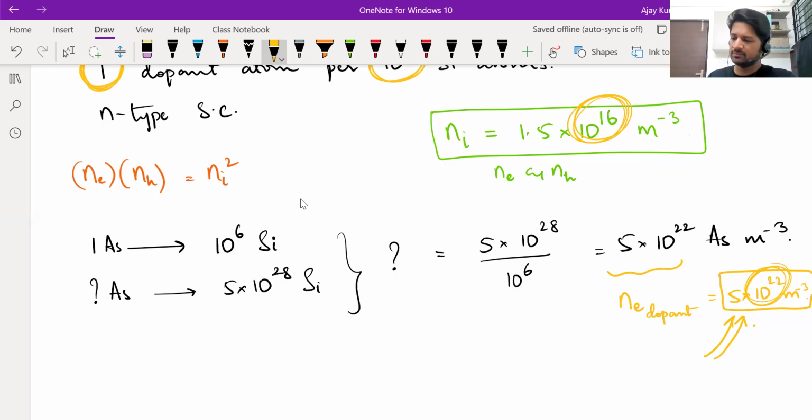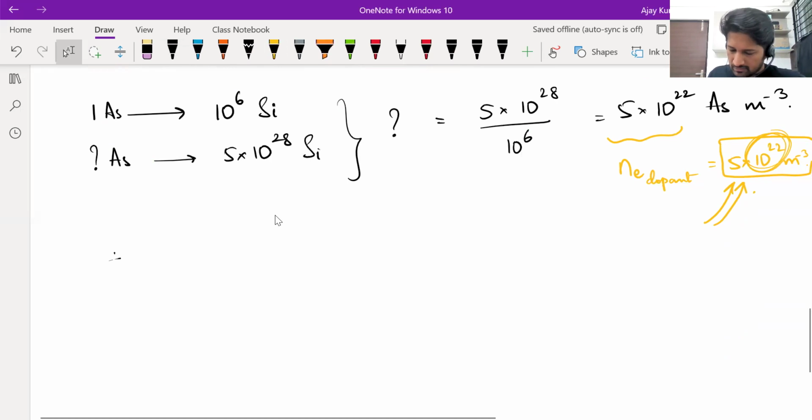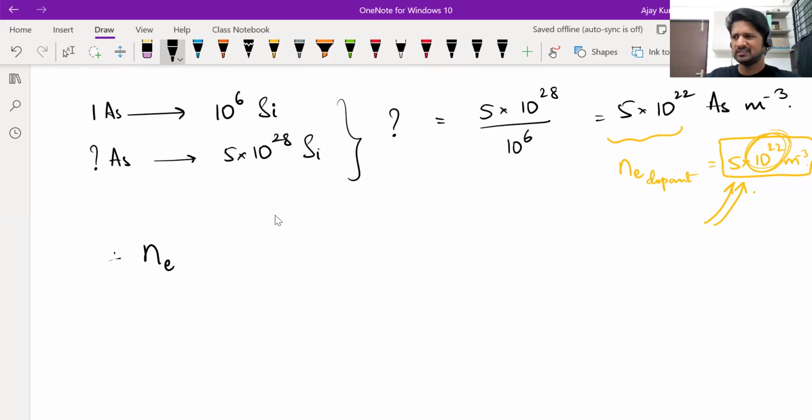But adding 10 power 16 and 10 power 22, the result will be close to 10 power 22 only. Therefore, the final concentration of electrons after doping, after adjustment. What adjustment? These extra electrons will fill some holes. Let them fill. Even then, the final concentration of electrons will approximately be equal to the arsenic concentration, 5 into 10 power 22 per meter cube.